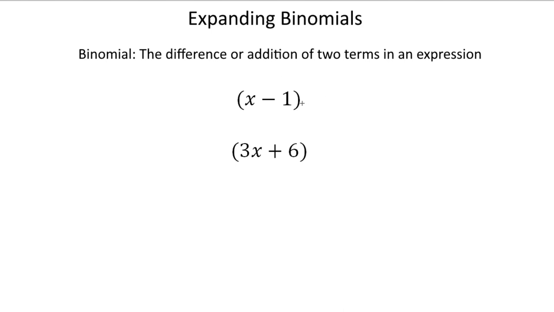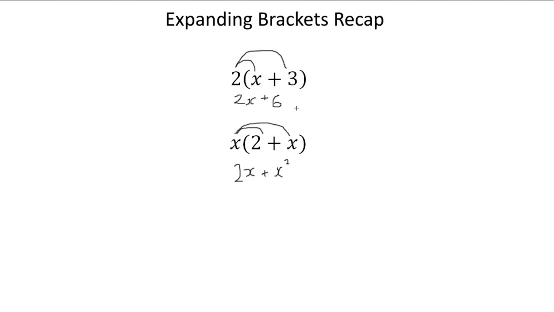It's got two terms in it, hence bi. And for the second one, 3x plus 6, that is also a binomial because we have 3x on the left, and we have 6, and then a plus in the middle. If we go back to these two, we see that this here is a binomial as well, and this is also a binomial. But these two here are just constants, just outside.